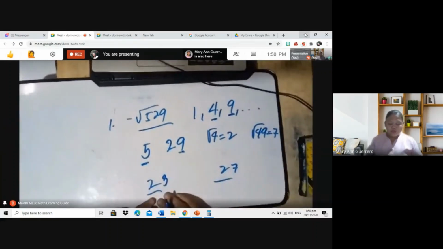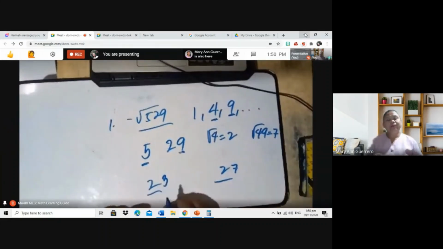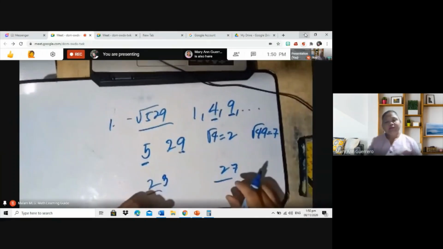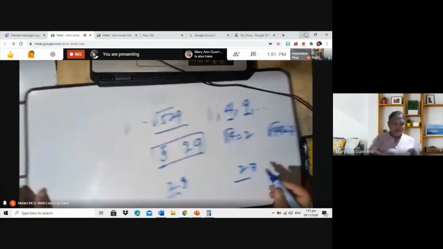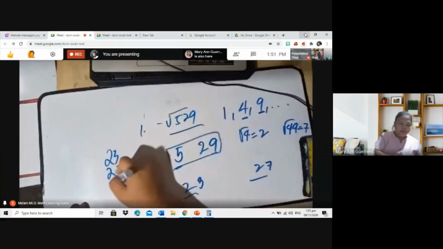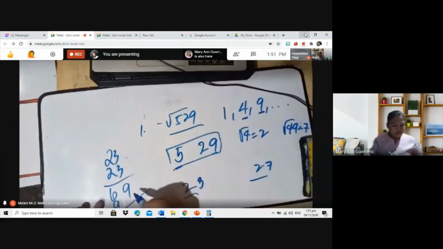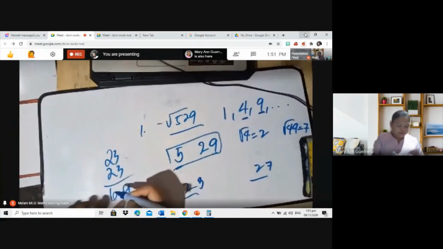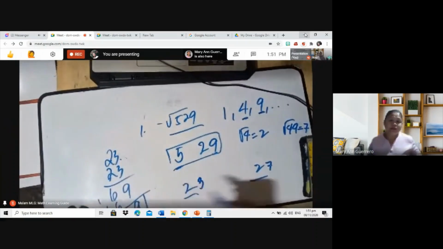So, ito yung ating 2 possible answers. Either 23 or 27. Ano dito yung pag in-square mo, ang sagot ay 529? Okay? So, 23 times 23, we have 9, 12, 6, 529.